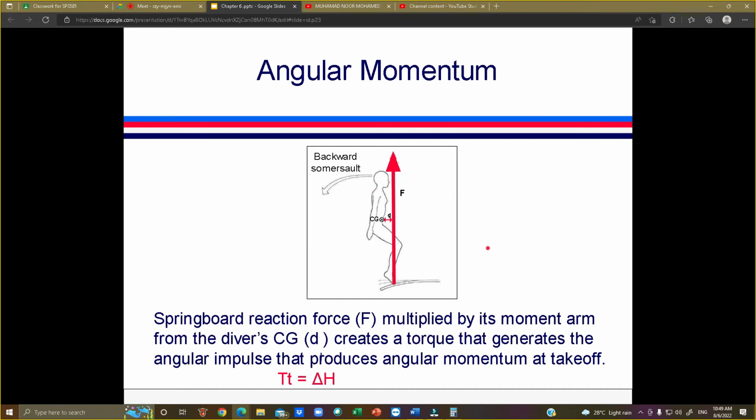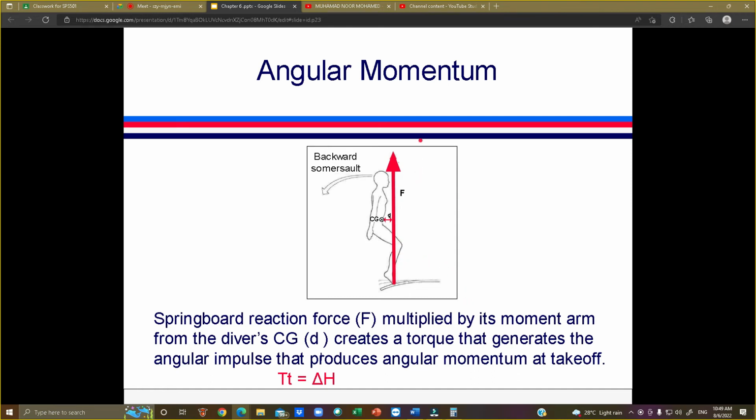Kalau dia nak ke depan macam mana? Macam mana kita nak jadikan dia ke hadapan? So we change the arrow. Instead of pulling the weight backwards, now we pulling the weight face front. Ke bawah juga. Okay, it's still ke bawah. And you still inflicting force ke atas.